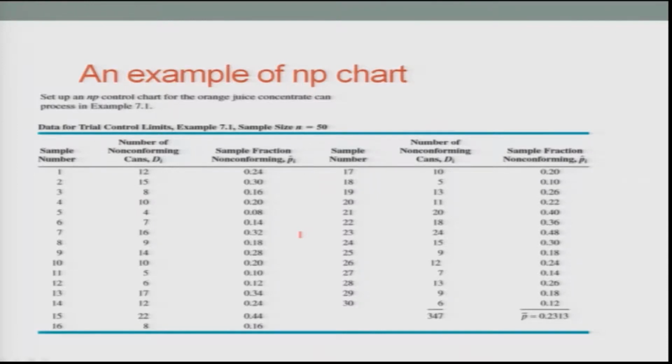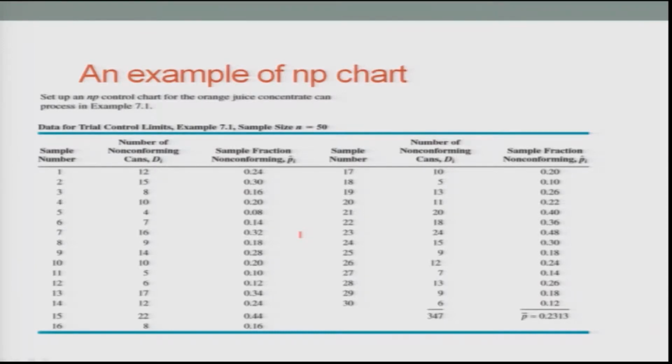So, the sample fraction non-conforming would be found from this information, and they come out to be 0.24 and 0.30 for the first two, while the 15th and the 16th come out to be 0.44 and 0.16. If I continue considering the sample numbers 17 to 30, the number of non-conforming cans goes from 10 to 6, and the total is 347.